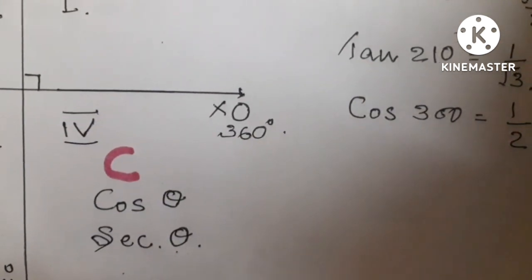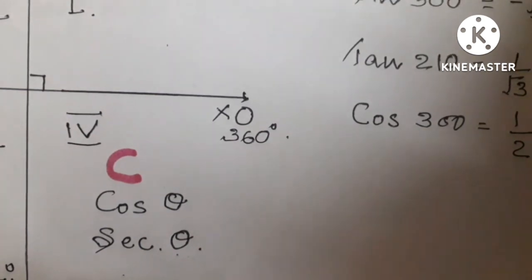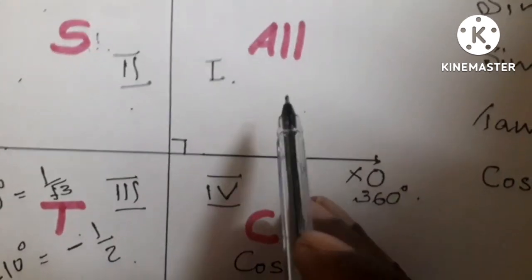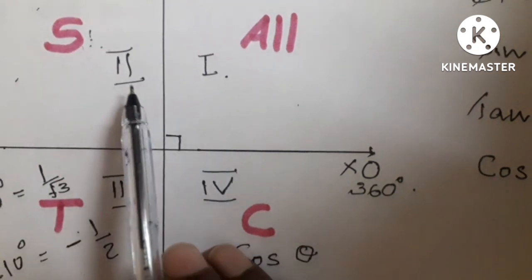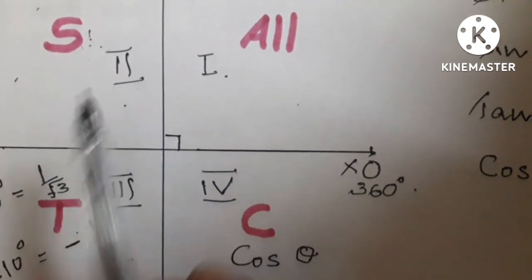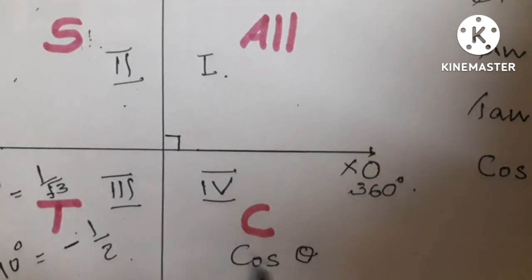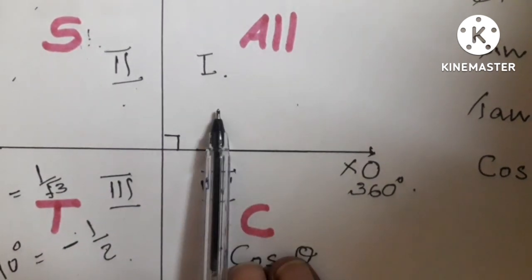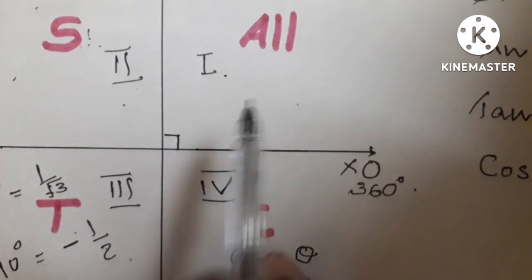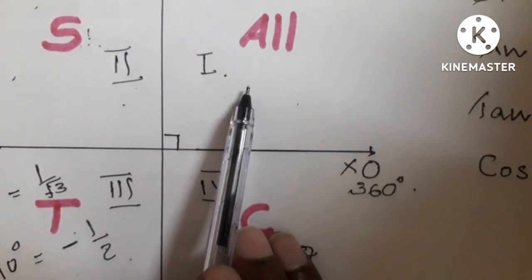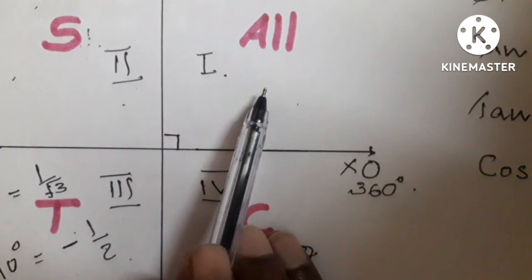Okay, so again, I will tell you one more thing. Look here, this is the first quadrant, this is the second quadrant, this is the third quadrant, and this is the fourth quadrant. In the first quadrant, all the values are positive, whether it is sine theta, cos theta, tan theta, cosec theta, or cot theta.